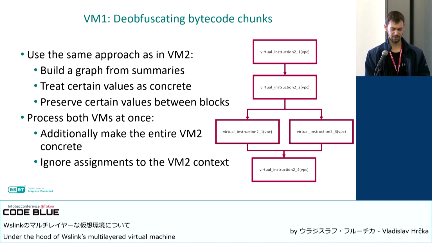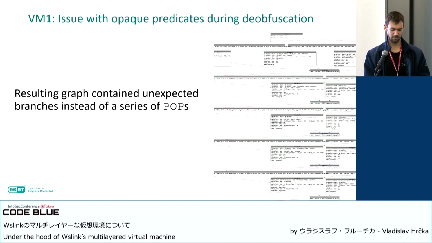into its context. And now if we look at the results of the deobfuscation of the entire virtual instruction, of the entire bytecode of VM1, we expected a series of pops again, but there are some weird conditional branches.